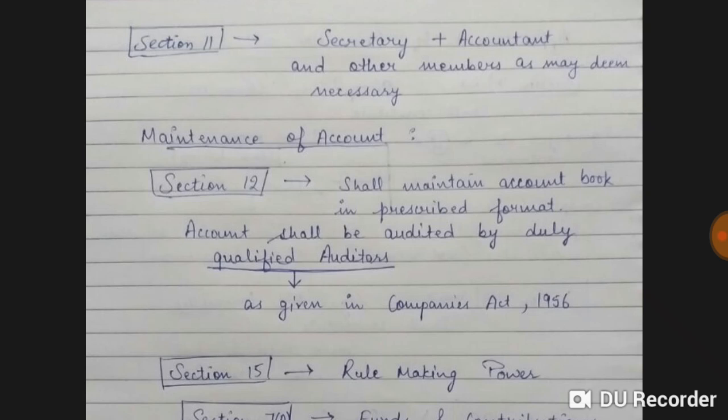For maintenance of accounts, section 12 tells that Bar Council of India shall maintain account books in a prescribed format, and that account book shall be audited by a duly qualified auditor, and the qualifications for the auditor will be the same as given in the Companies Act 1956.